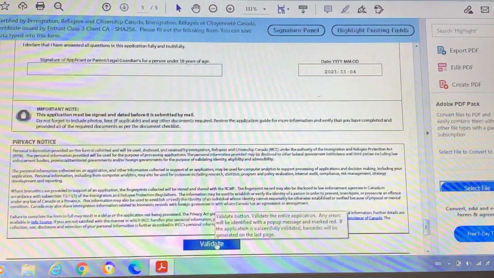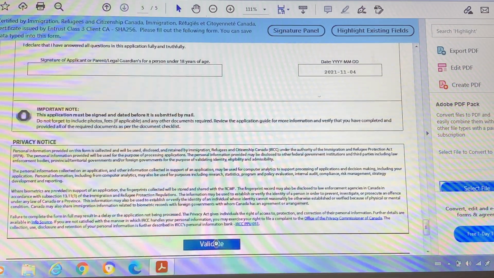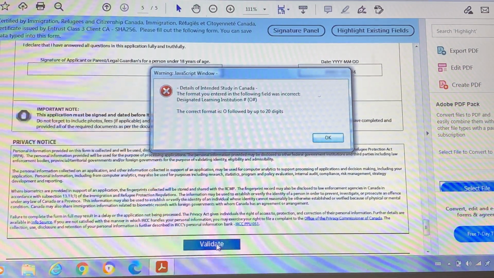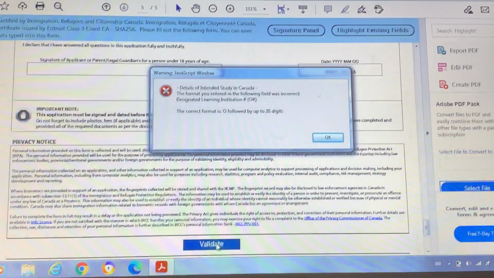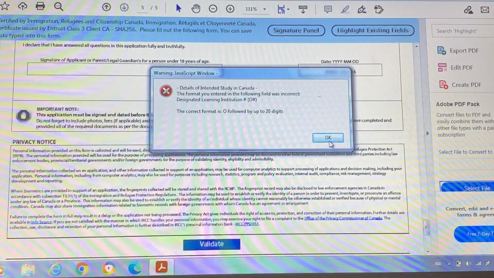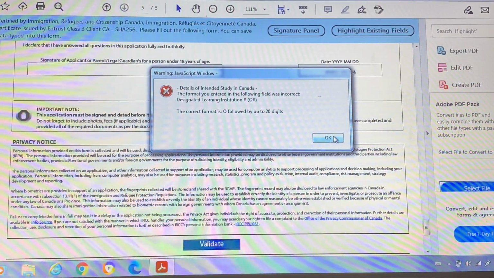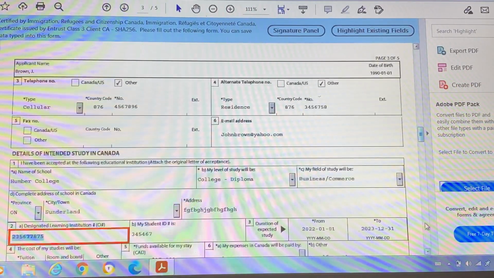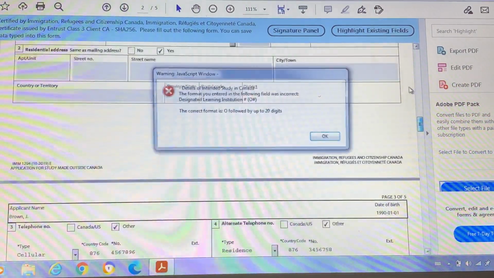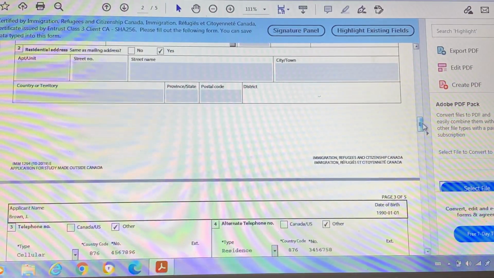But when you are ready to submit, you're gonna validate this and then save it. All right, guys. I validate it by just hitting this validation button. And if it pops up like this, it means that there are some sections that are missing, and then you just want to close it and go back up and review it. I expected this because there are some fields that are left empty, as I said. But for your peace of mind, if that pops up, you just come out of it and scroll up, and anything that you see in red is where your error is or where you didn't remember to fill out.